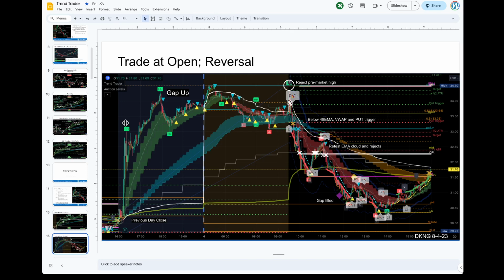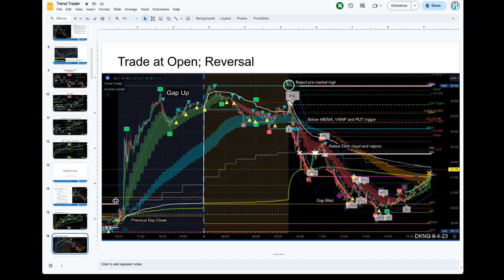Your risk to reward for puts is much better on a gap up, and your risk to reward for calls is much better on a gap down. That's why the gap play is a very important strategy that many people use.